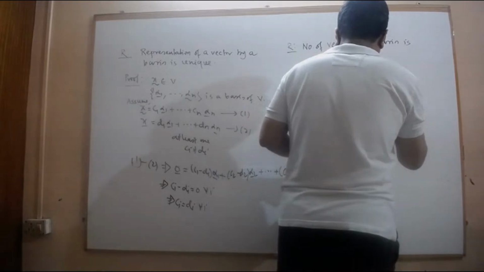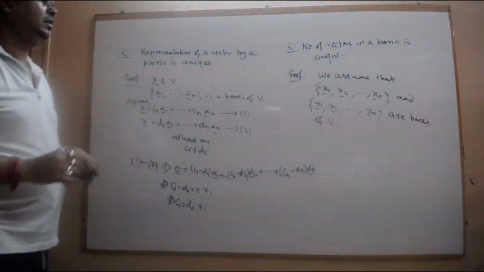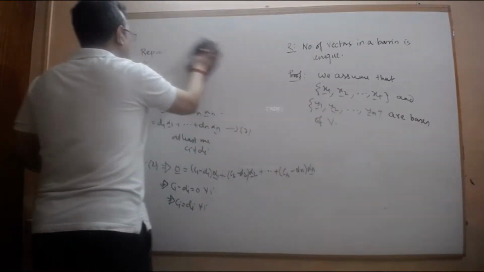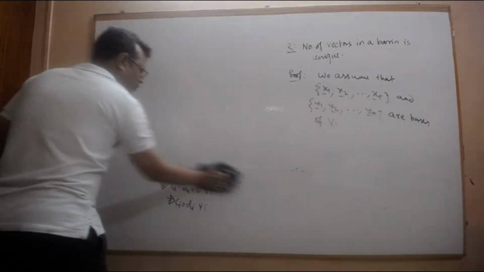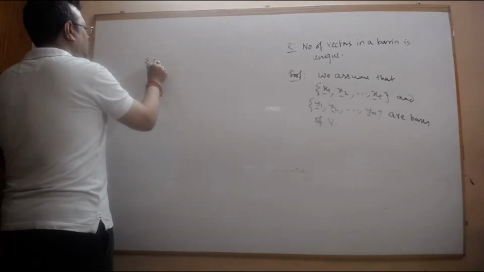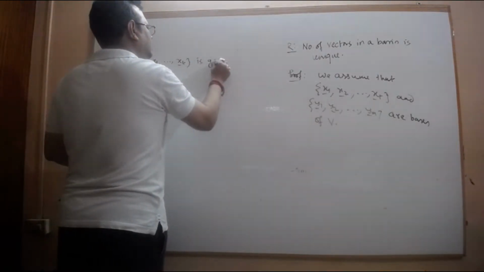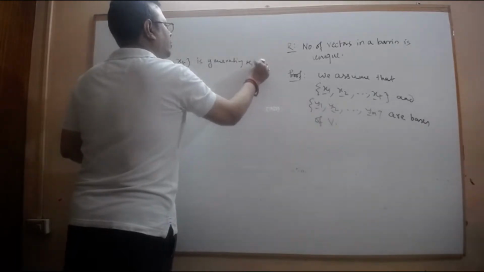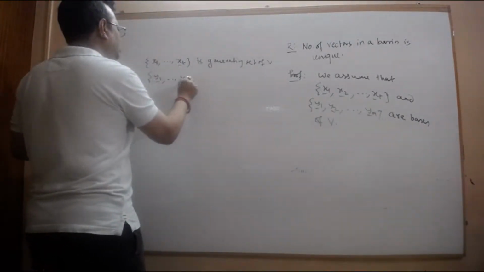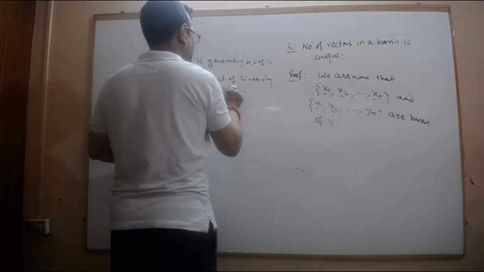So two bases of a vector space V. Since these two sets are bases of V, since this is a basis, we can say that this is also a generating set of V, and this is a basis, so this is also a set of linearly independent vectors.